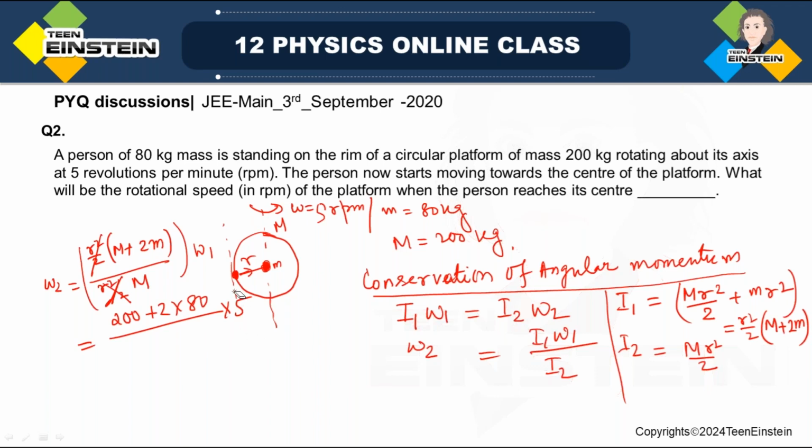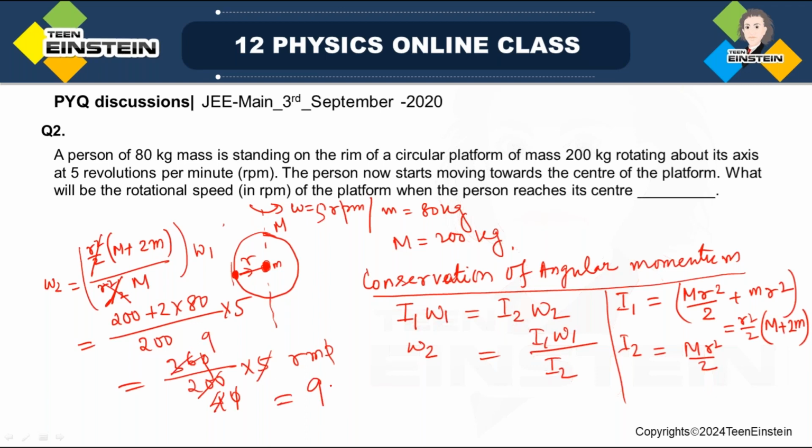I have to find out omega 2 in rpm, so I don't have to do anything with that omega 1. And this is 200, so this will be 360 divided by 200 into 5. This will come in rpm. This will be 40, this is 9.